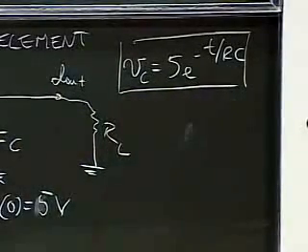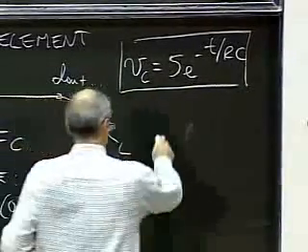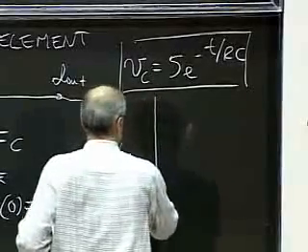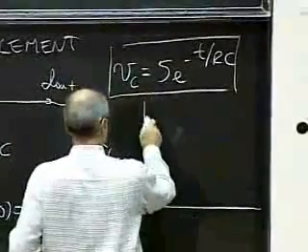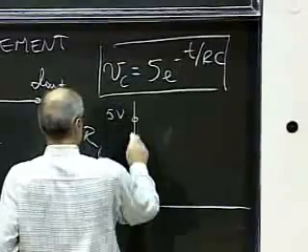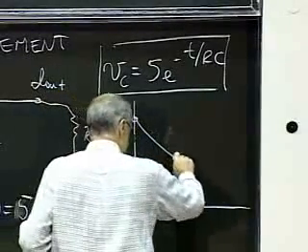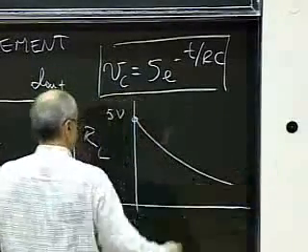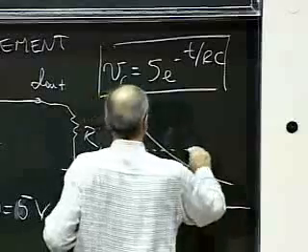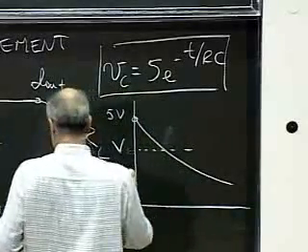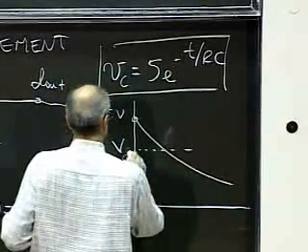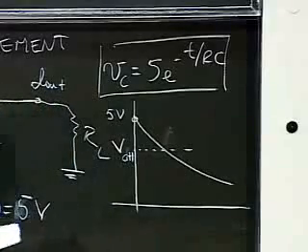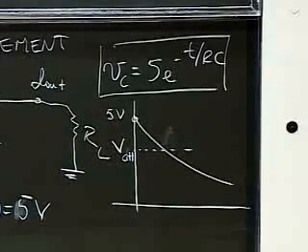So we have a decay, and applying the things we know, we start from 5 volts, let's say here, and we have a decay going down towards 0. At some point, we're going to cross the threshold for high. Okay?